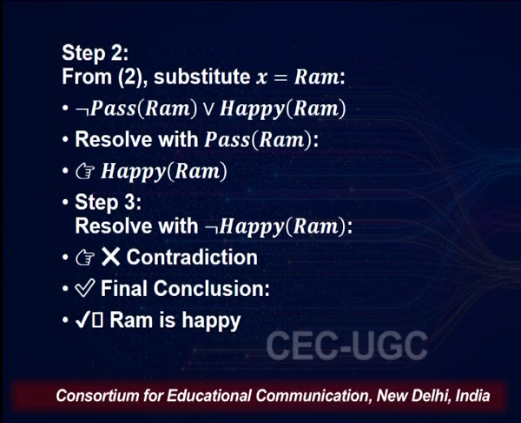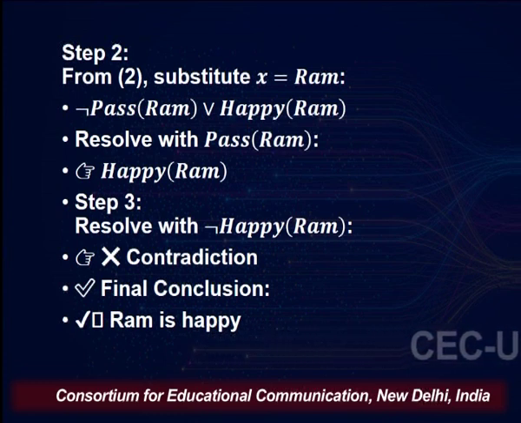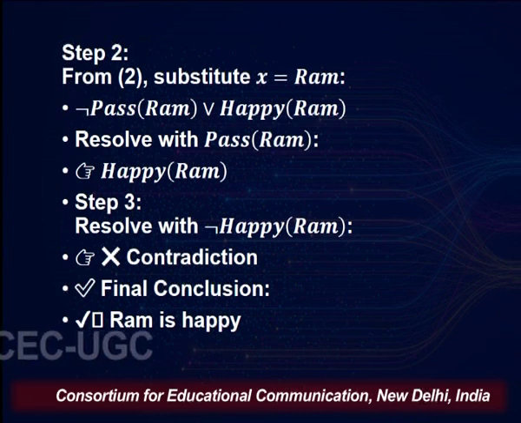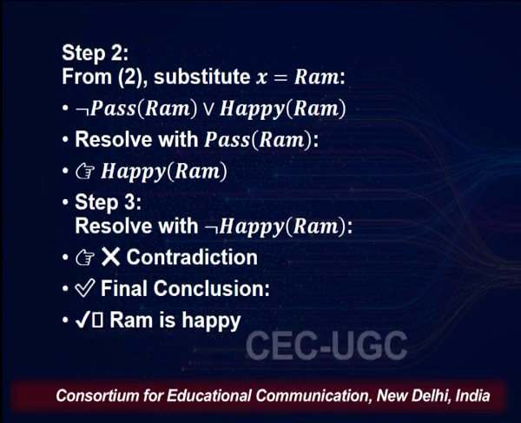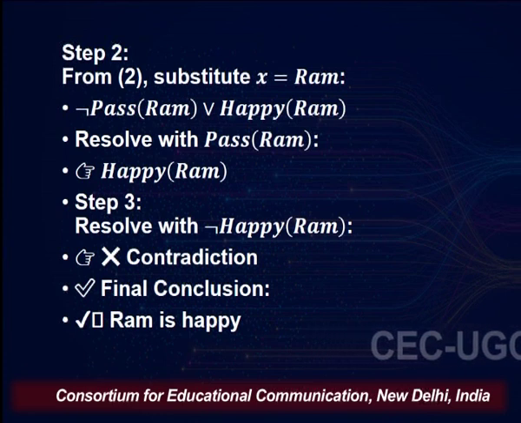Now again we substitute x equals Ram in the next clause, negation of pass Ram or happy Ram, and when it is resolved with pass Ram, we end up with happy Ram.